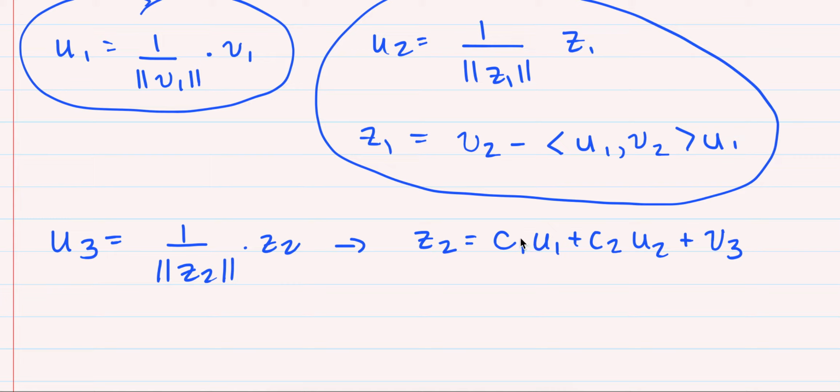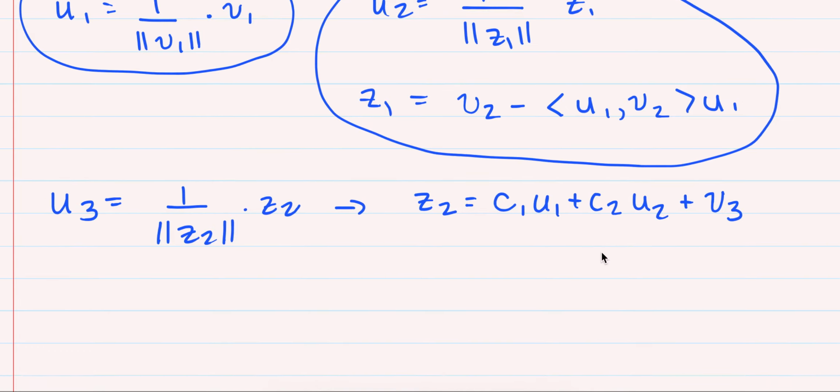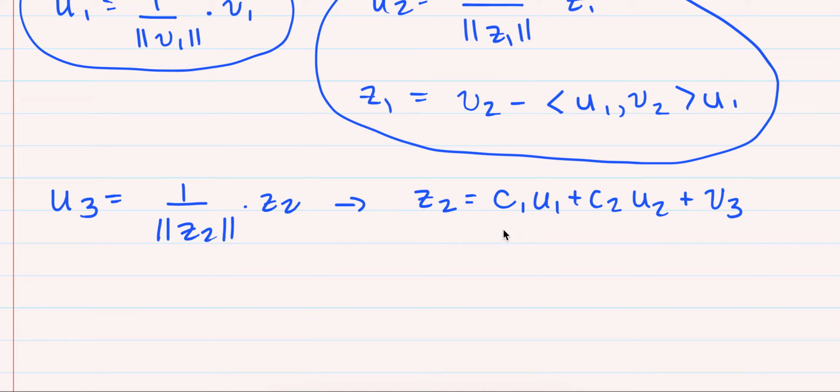Well, now it's c1 u1 plus c2 u2 plus v3. To figure out what c1 and c2 are, I need the inner product of u1 with u3 to be 0, and the inner product of u2 with u3 to be 0.